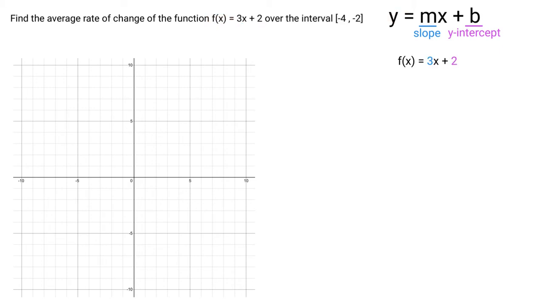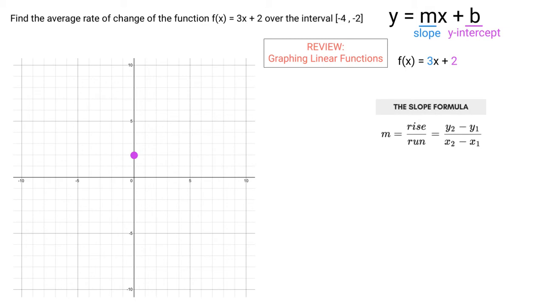So the first step is to write down your function. So you're going to copy down f of x equals 3x plus 2. Now you don't actually have to do this part to solve this problem, but I want to do a quick review about graphing linear functions. The first thing you do is find the y-intercept. So you find where 2 is on the y-axis, and you put your first point there.